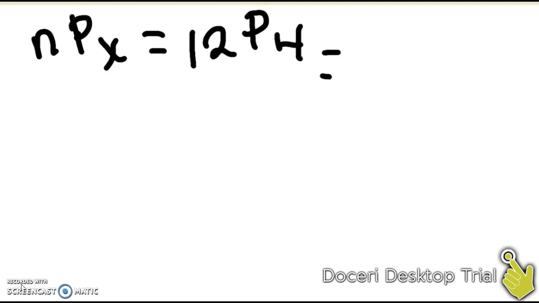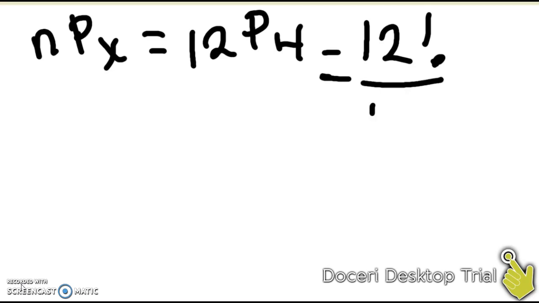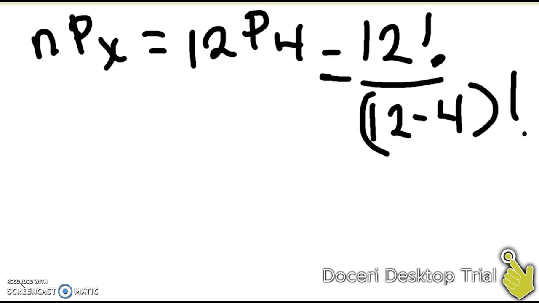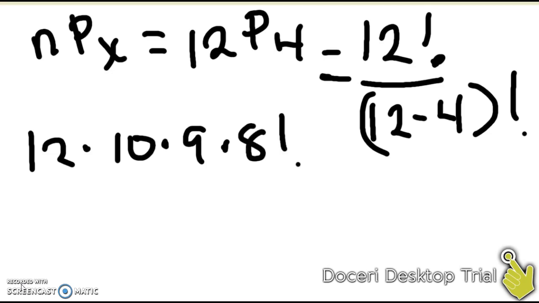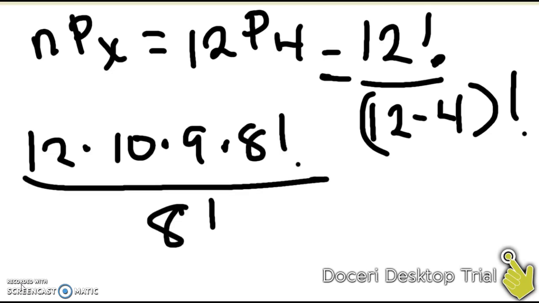So we know that that's going to be 12 factorial over 12 minus 4 factorial. So 12 minus 4 would be 8. So we're going to get 12 times 10 times 9 times 8. And then we have 8.